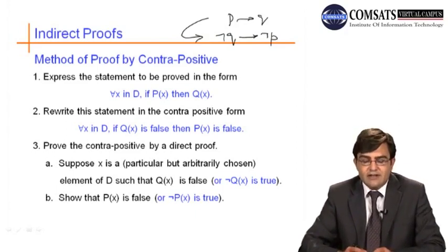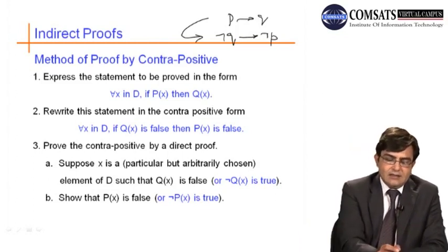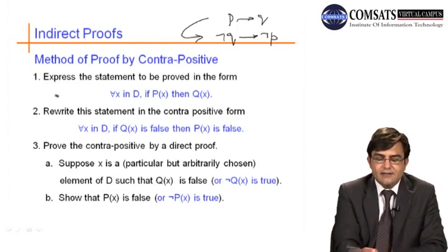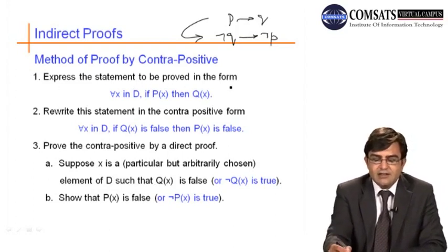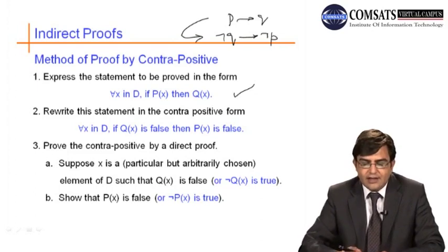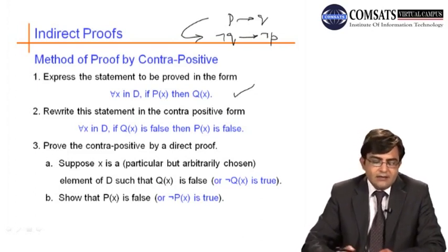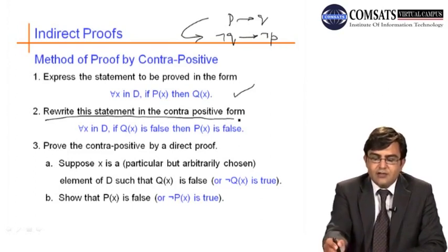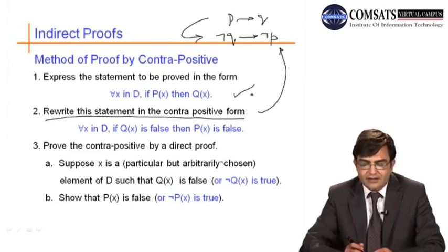Here the first step in this method of proof is to express the statement to be proved as a universal conditional statement, as we do in the direct method. Then rewrite this statement in the contrapositive form.